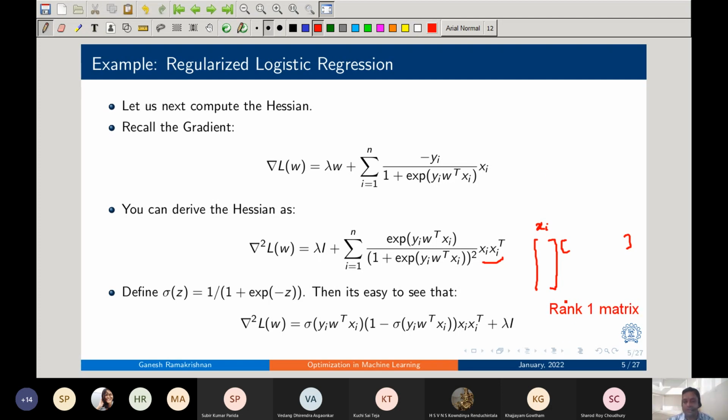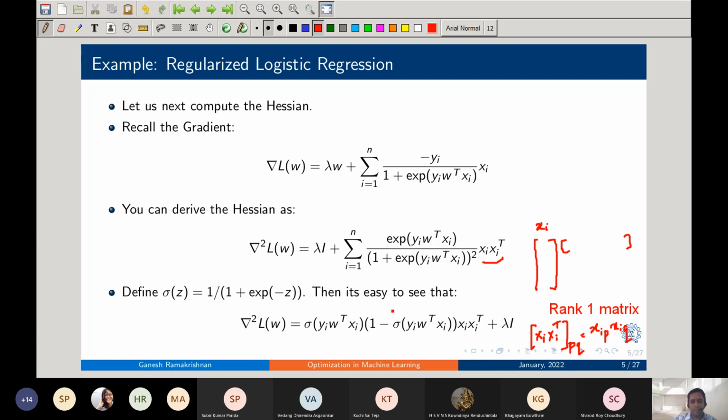The entries of this would be of the form: if you take xi xi transpose, let's say the pq entry, what is it? It's xip times xiq. So it's just the product of those two terms.